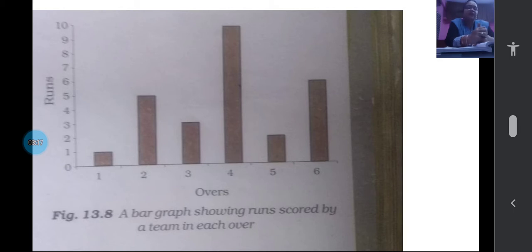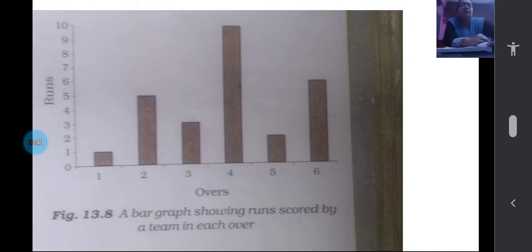bar graph which is showing the runs scored by a team in each over. In a simple way you can see overs on one axis and runs on the other axis. Seeing the graph, we can easily identify in which over the maximum runs were scored.